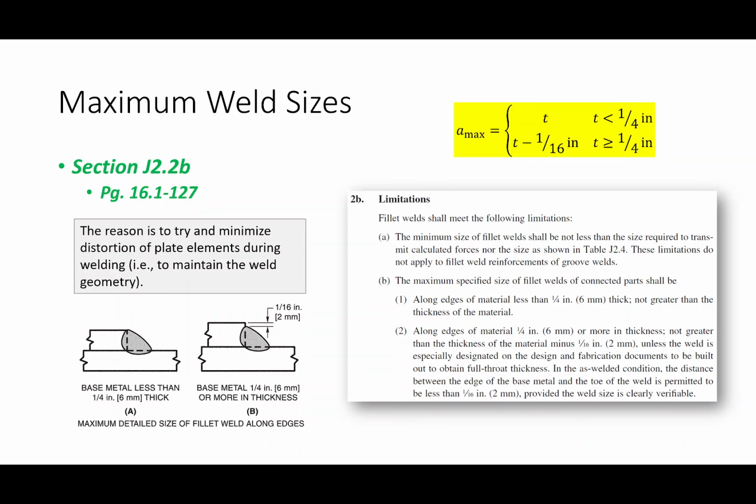So what the spec says is, if you have a plate like this, like 1/2 and 1/2, and you want to deposit a fillet weld, let's say here's your fillet weld, the maximum size of that fillet weld needs to be the thickness of the plate, but you need to back it off a little bit.